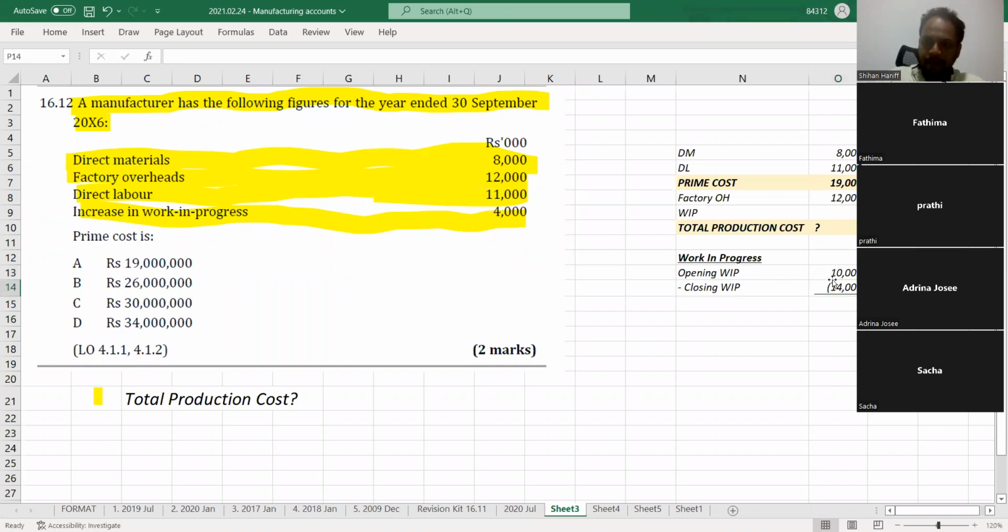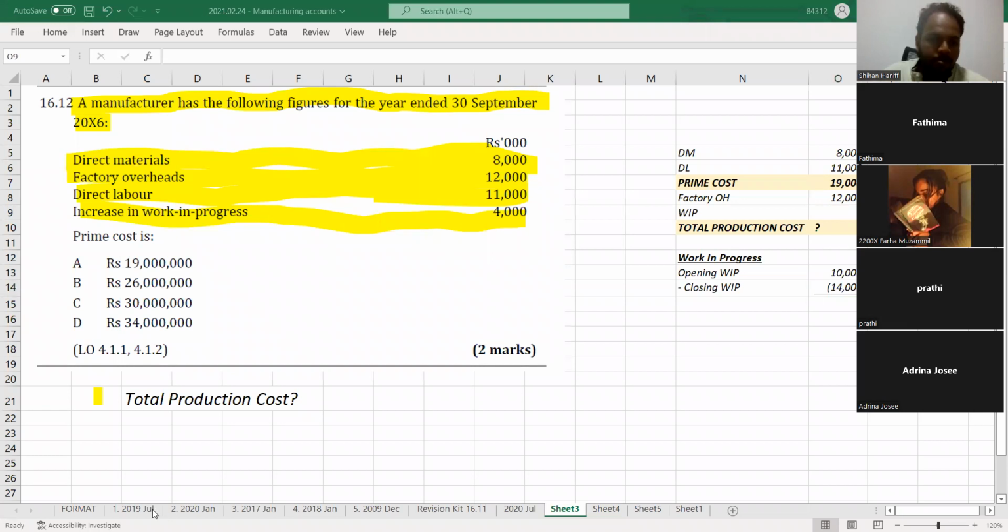Work in progress increased by 4,000. So if the closing stock increases, what will happen here? Plus or minus? Minus.